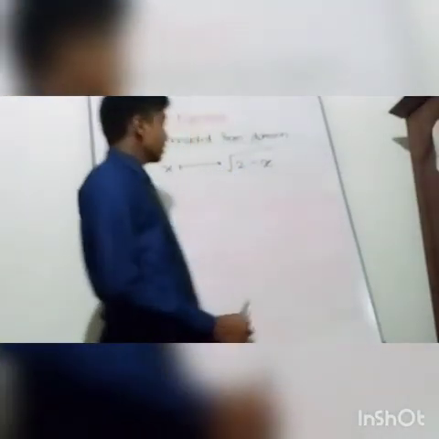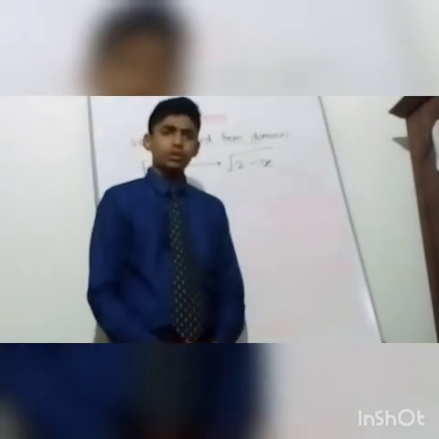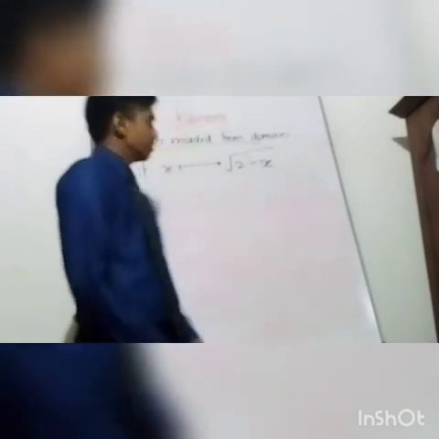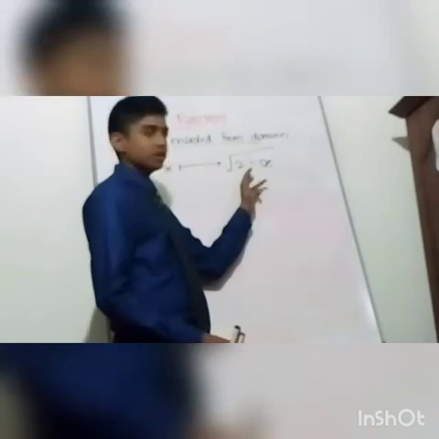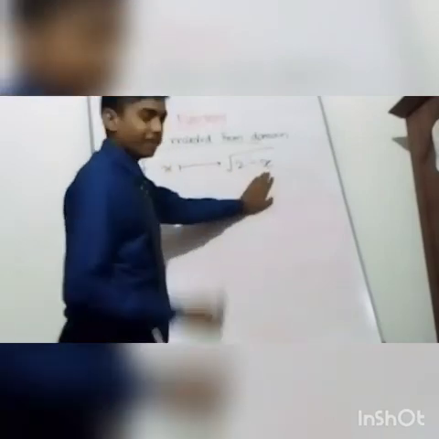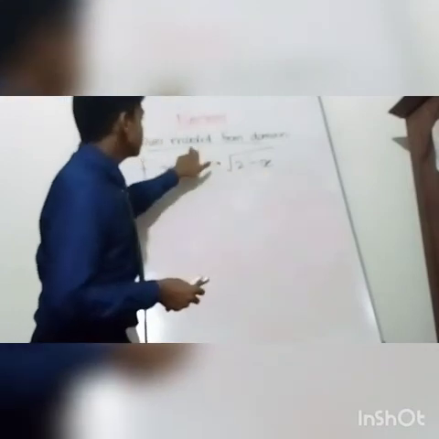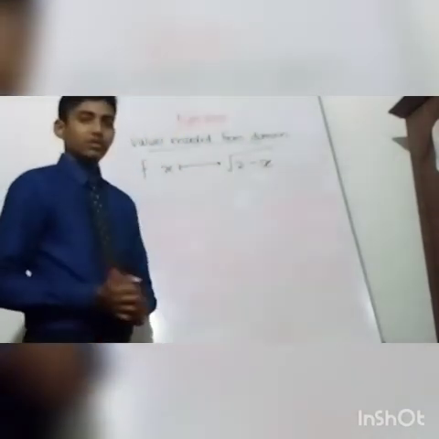So this is the second example. Have you ever seen a square root with a negative number? No, right? So we must find whether this is a negative number. If we find a value for x, it must be negative. Then only we can say that it must be excluded from this domain. So what is the domain here?